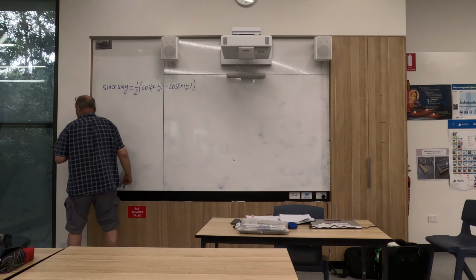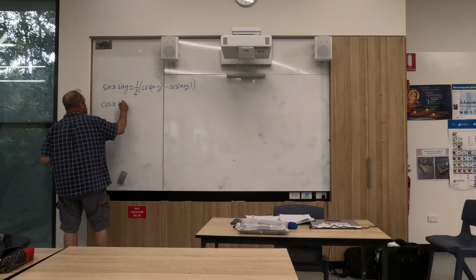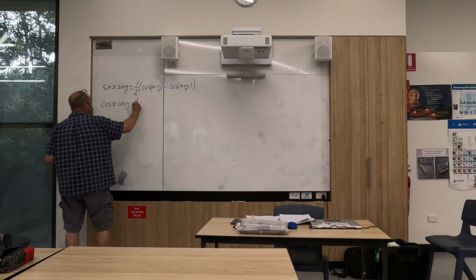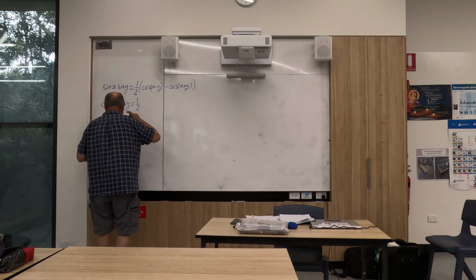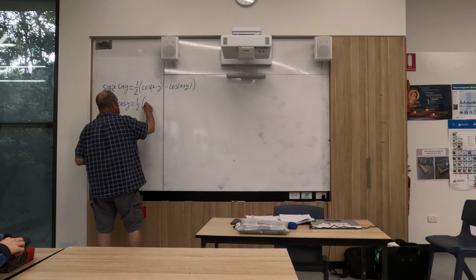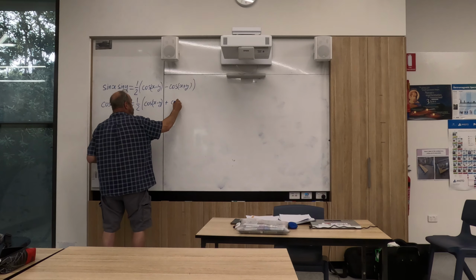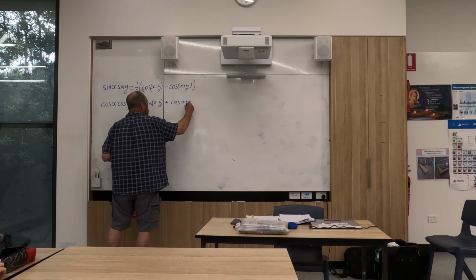If we have cos x times cos y, it will be 1/2 of cos of the difference x minus y plus cos of x plus y.